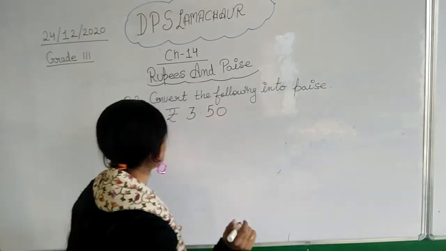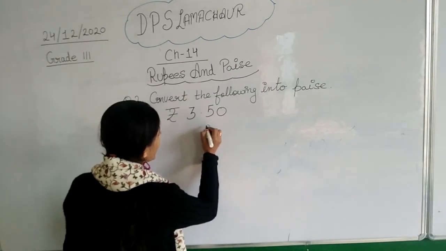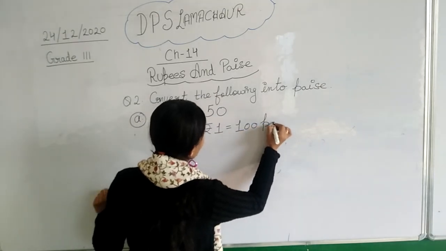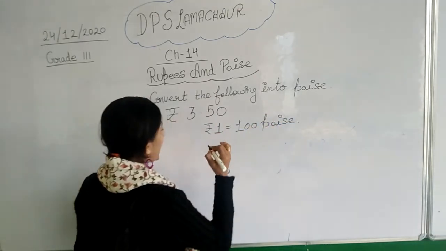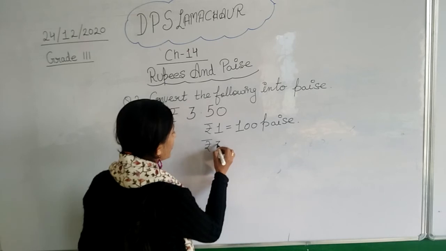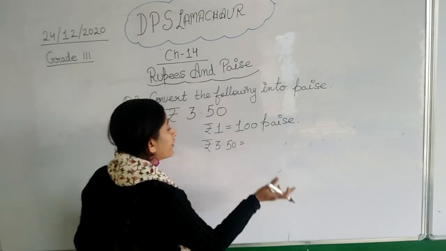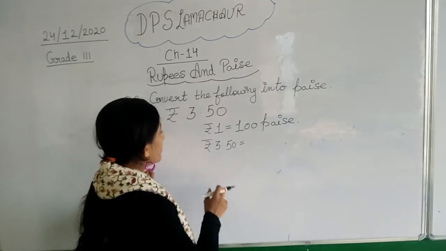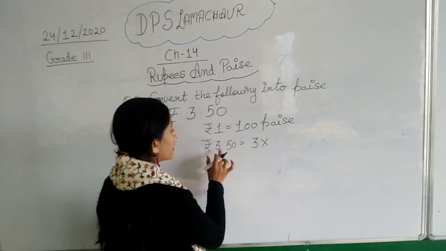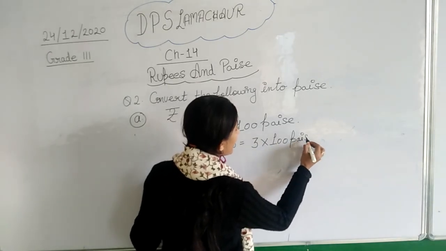So let's see how. This is rupees 3.50. Now we know the relation that rupee 1 equals 100 पैसे. Okay, clear to everyone. Now what will we do? In place of rupee 1, what is given is 3.50. 3.50 means 3 rupees and 50 paise. So we will simply write 3 into 100 paise, because 3 we have to convert into paise.